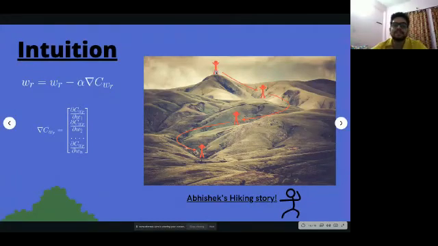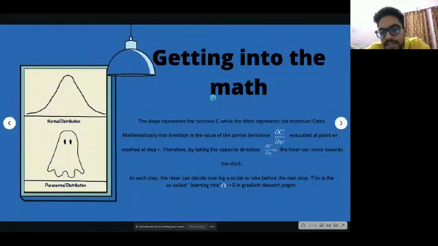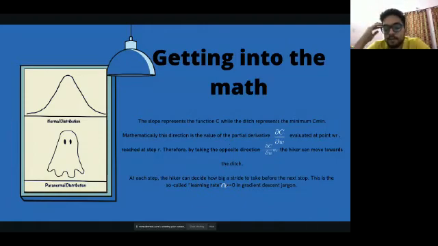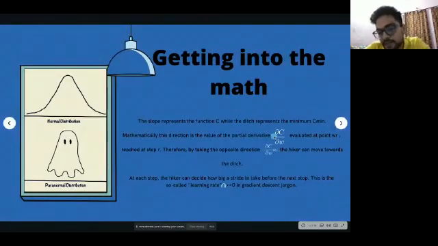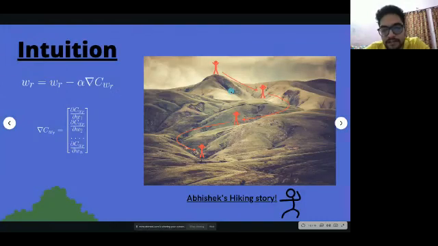What Abhishek does is that at each step, he calculates something known as the gradient. Now you might be asking yourself, what is a gradient? The gradient is nothing but a direction. So he calculates the derivative of the cost function with respect to the position he's at on the cost function landscape, and he gets the gradient for that.